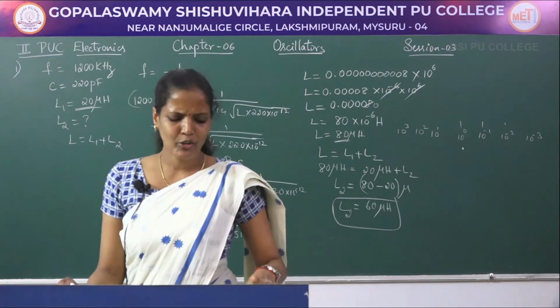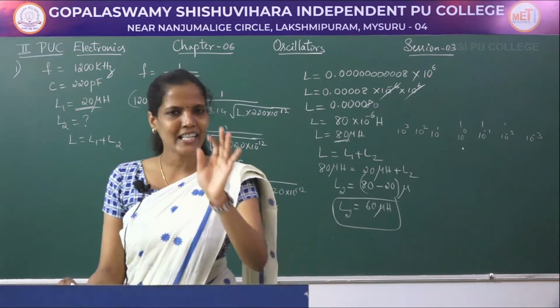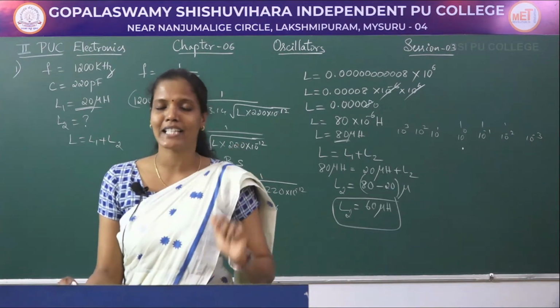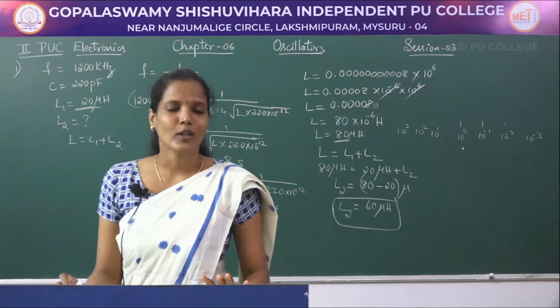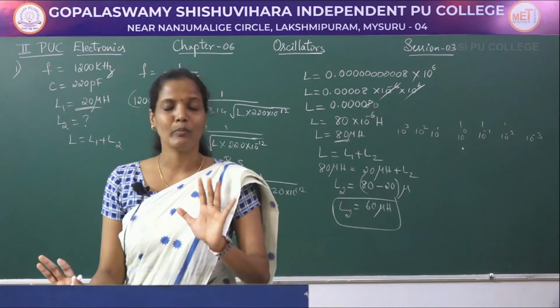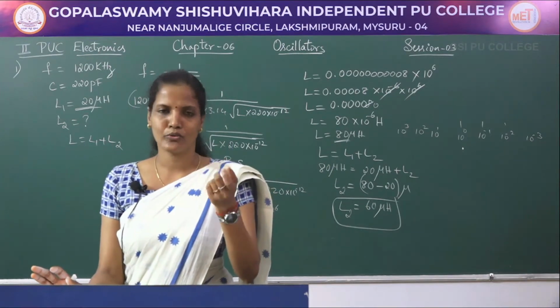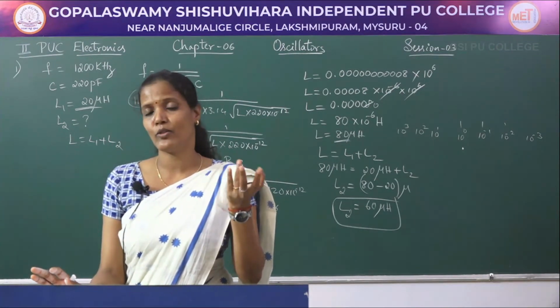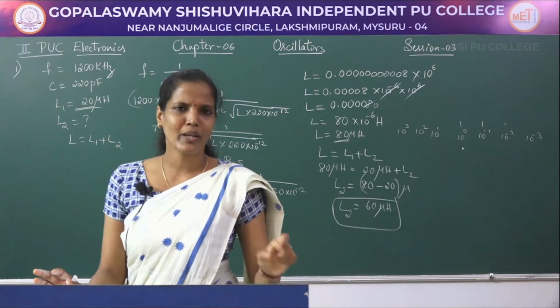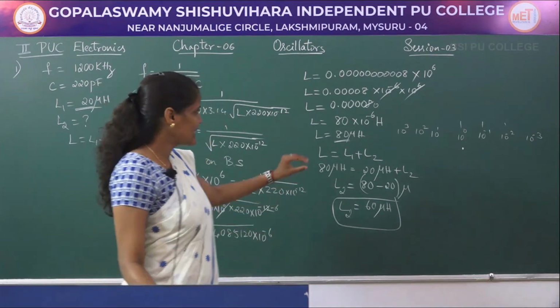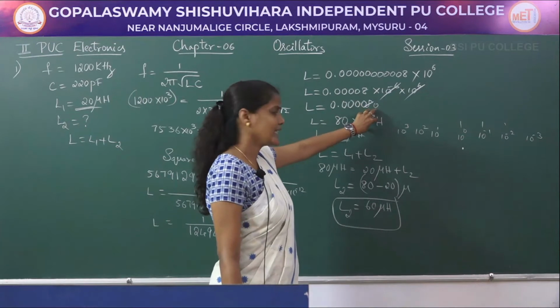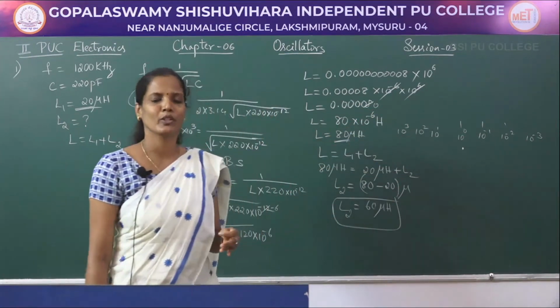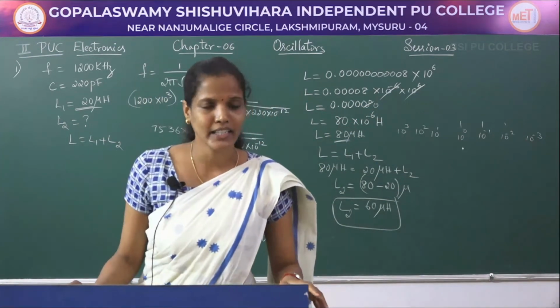So, you have to be very much clear in shifting the points in these kinds of problems, that too in the oscillator chapter problems, where you are going to find the capacitance value or the inductance value. You have to make sure to write this 10 to the power of negative values or the positive values in a correct manner.